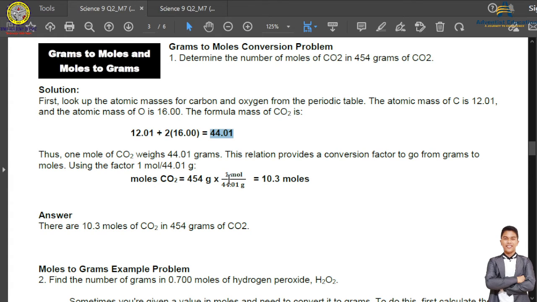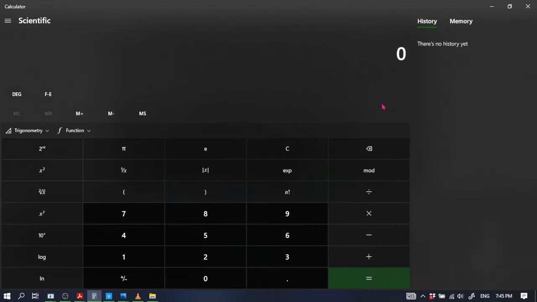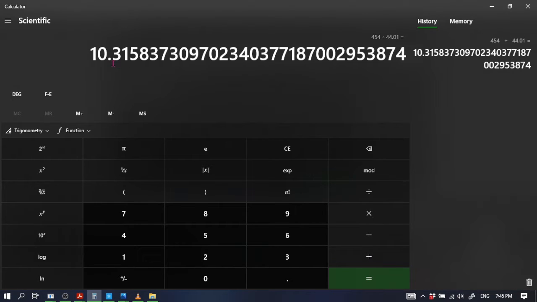You can also do that as a shortcut, which is 454 divided by 44.01, equals, so the answer now is 10.31 moles.